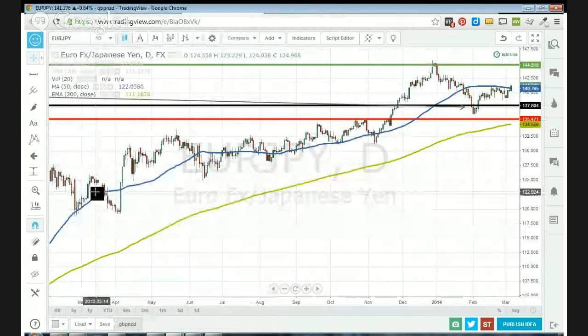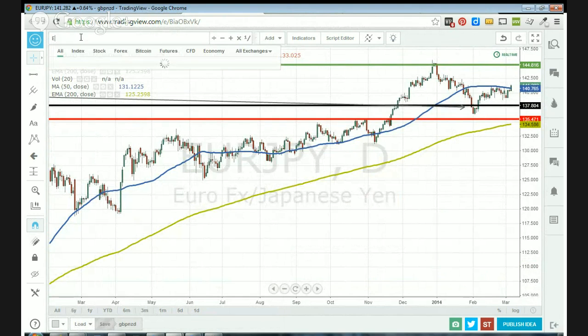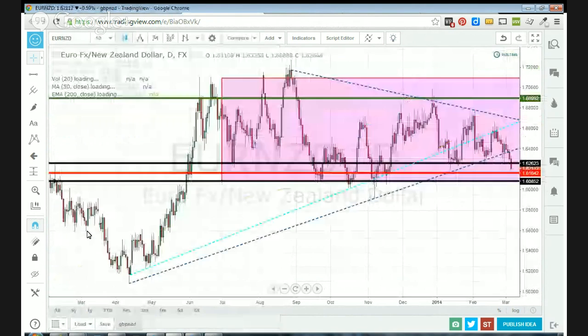Euro Yen's rallying. Yeah, so I've been waiting for this pullback here. It hasn't happened. So I wonder if it will, but if it doesn't, I guess, so be it. We'll see. It's a little frustrating to miss out on an opportunity, but in my experience, it's better to miss out than to chase.